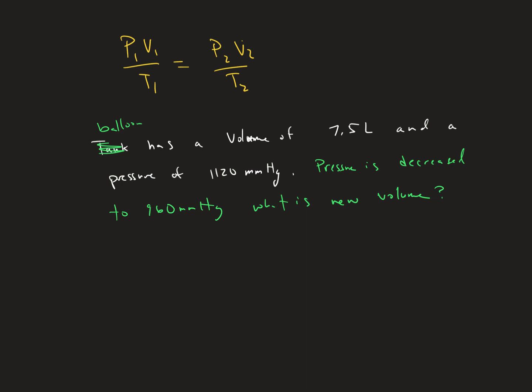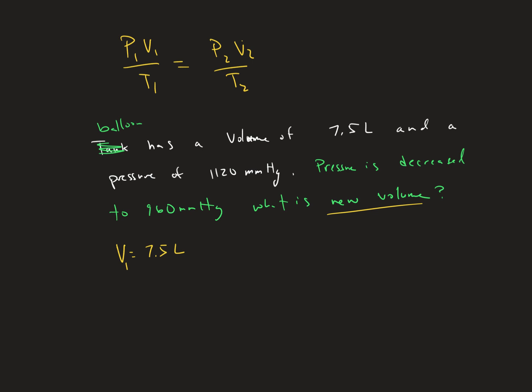Okay, so what's our first step? We'll start with what you know, but first of all, we have to know what we know, right? So what do we know? The volume is 7.5 liters. V1 is 7.5 liters, that's our initial case.